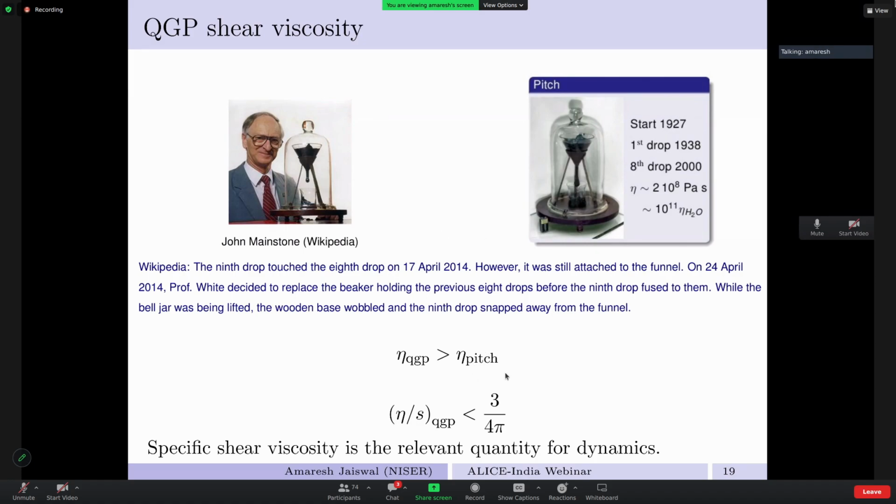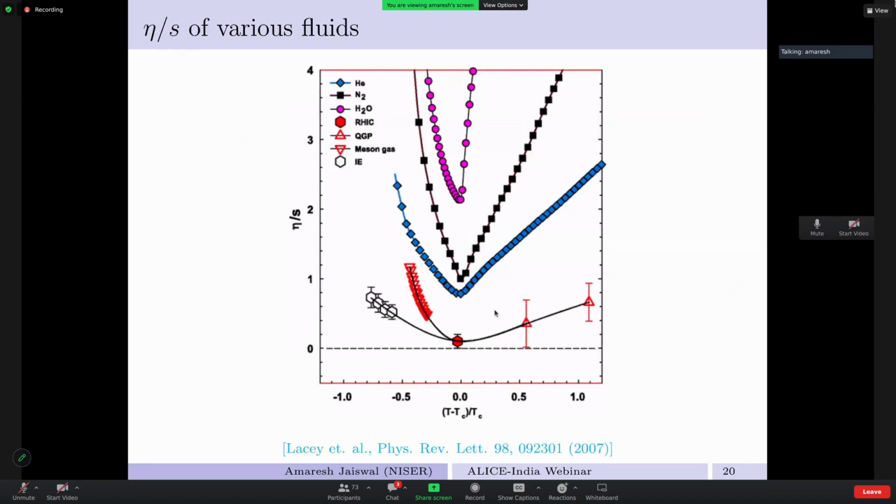The idea is it's not the magnitude of shear viscosity itself, but rather eta by s, which is small for QGP, less than 3/4 pi, and this is the quantity relevant for the dynamics of the system. Red here is for the QCD medium.